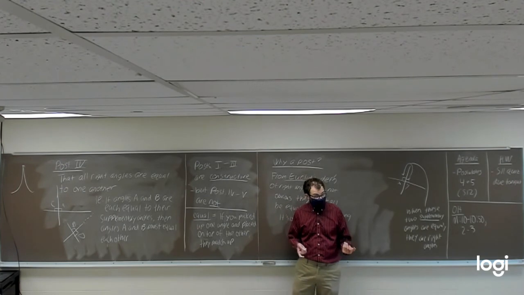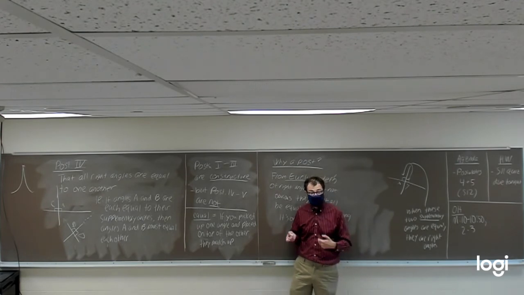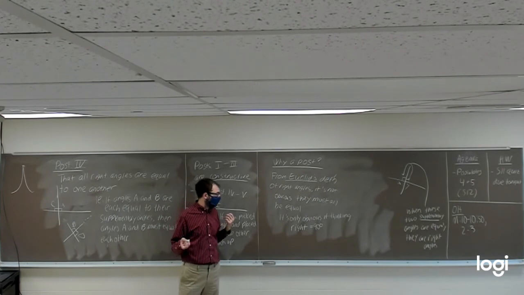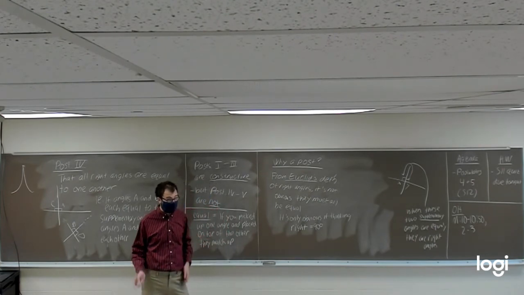But in general, the first 4 postulates are widely accepted as good building blocks to work off of. We're totally okay with having a geometric system based off of these first 4 postulates.